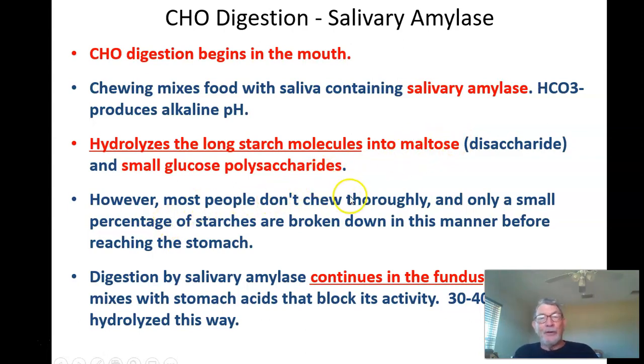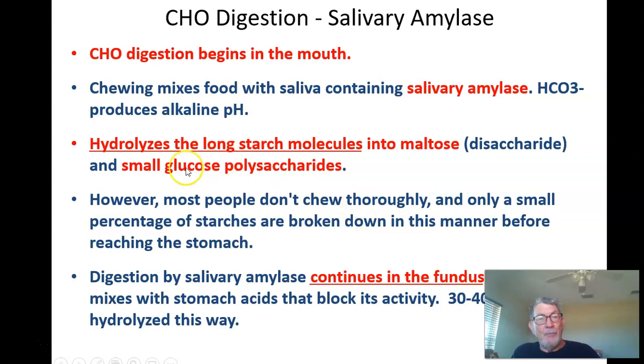That's because we don't chew very thoroughly. I know when I'm eating, I chew it a few times and ram it down my throat so I can cram more food in my mouth. So we don't really do a ton of digesting in the mouth unless we chew really thoroughly.